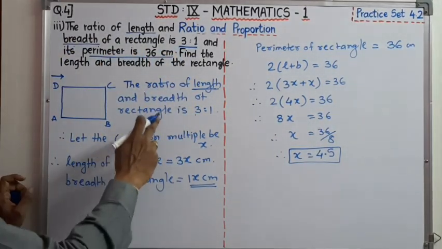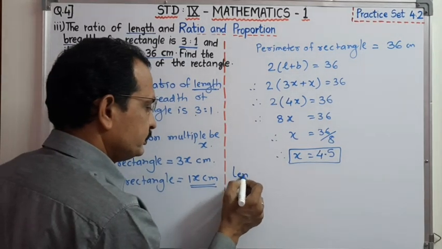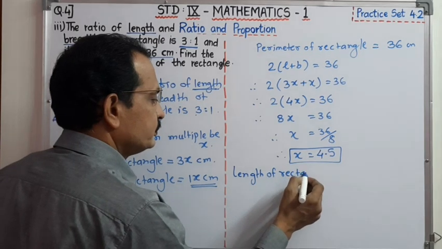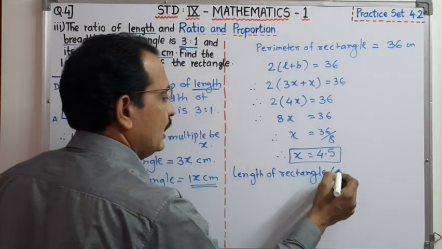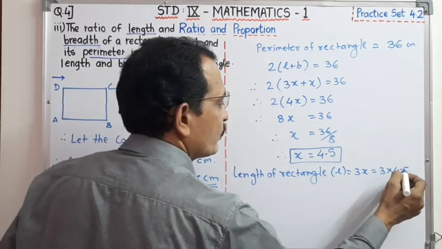Now we have to find out the length. Now length of rectangle, L is equal to 3x is equal to 3 into 4.5.